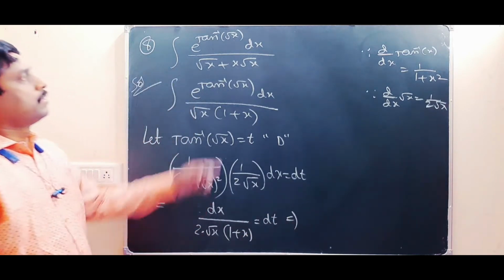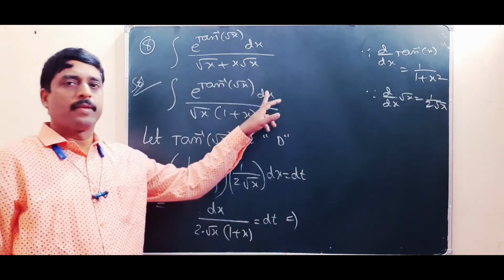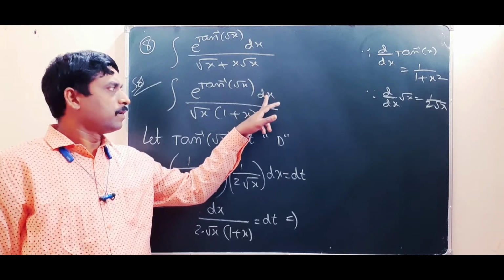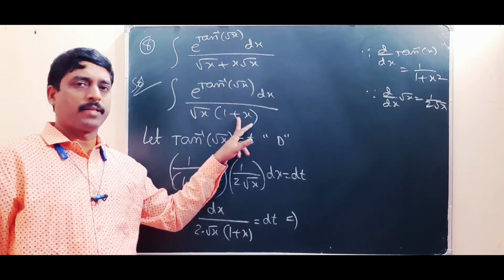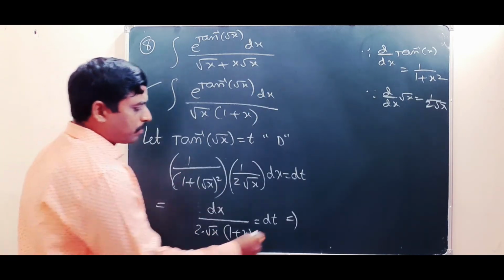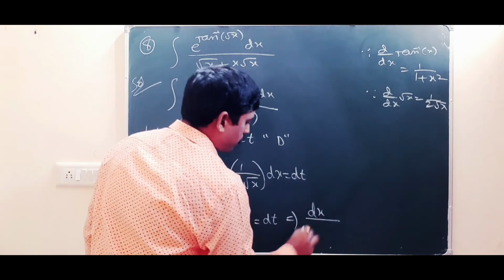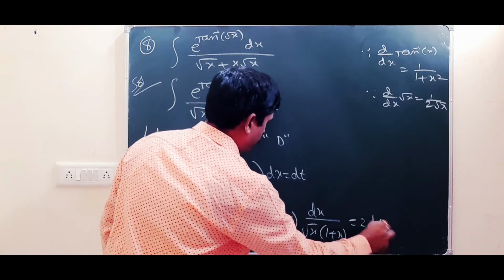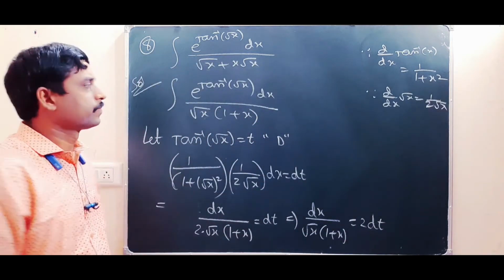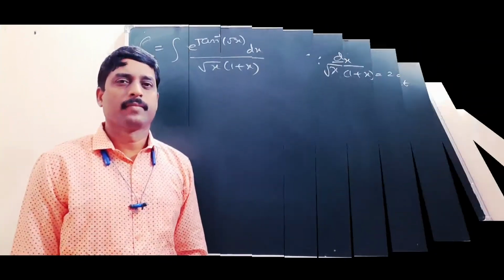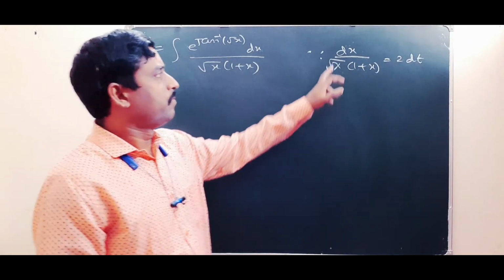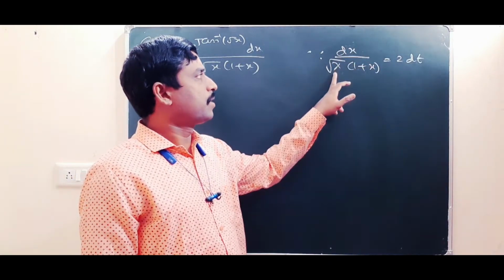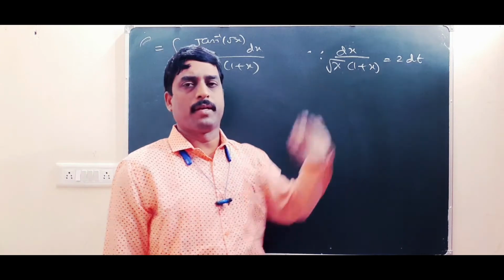Let us observe the statement: dx by root x into (1 plus x) is nothing but 2 dt. We have got it: dx by root x into (1 plus x) equals 2 dt.